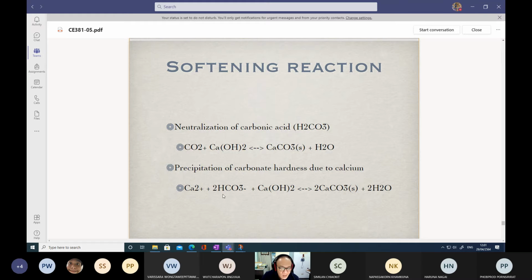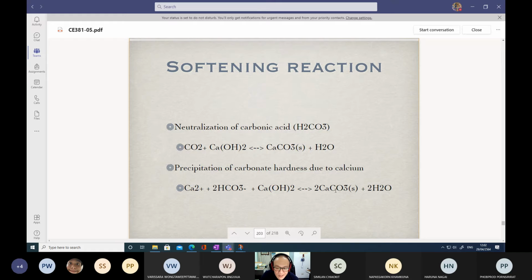What are the end products of these reactions if there are three chemical agents interacting with each other? Calcium ion, under the presence of lime, will react with the carbonates, and this one will be formed.